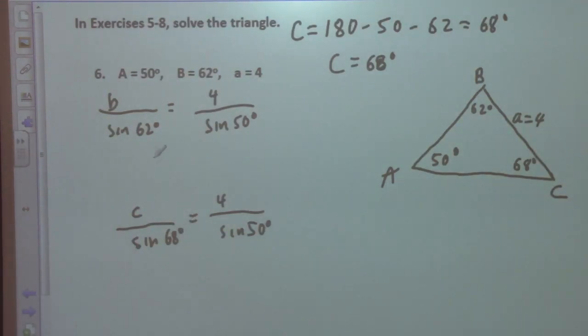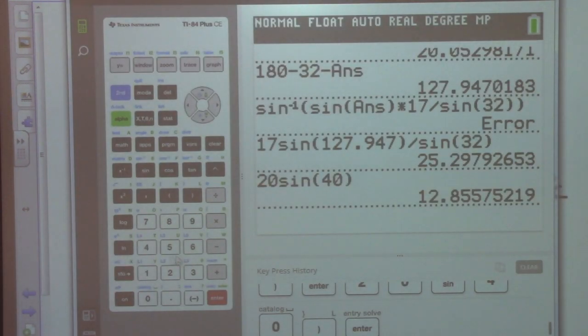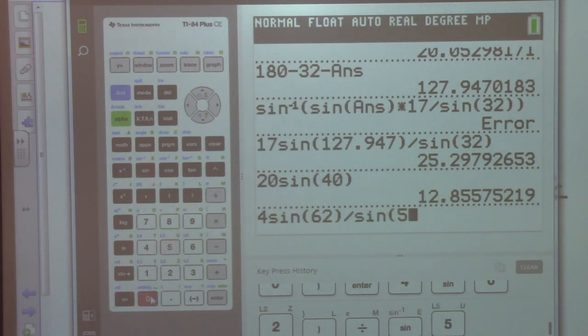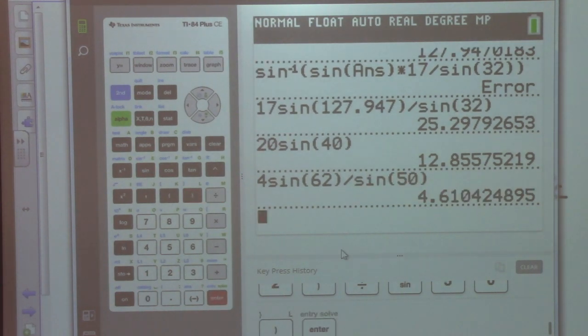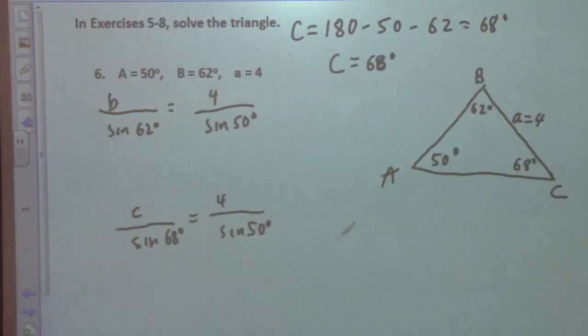Yeah, 4 sine 62 over sine 50. So 4.610, does that look right? So that's a little b, and it's going to be bigger than 4.